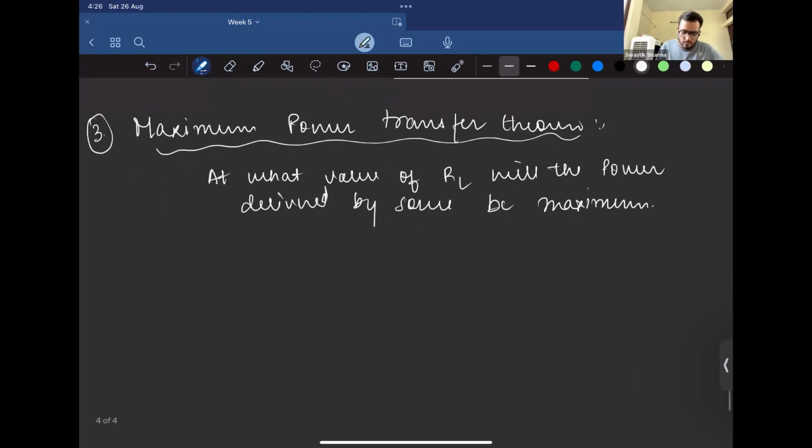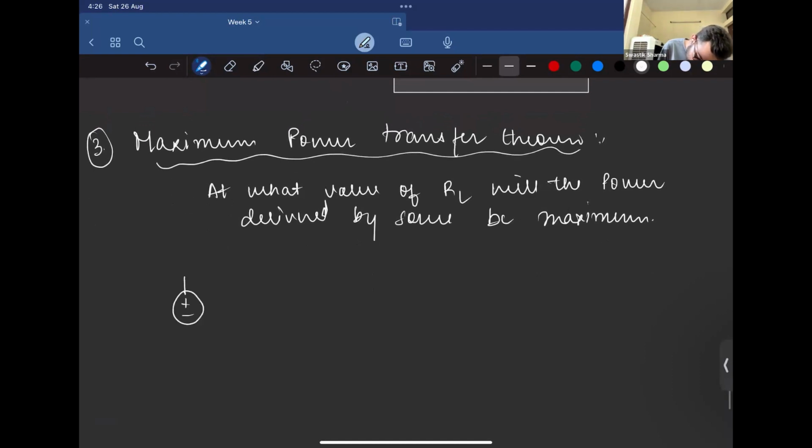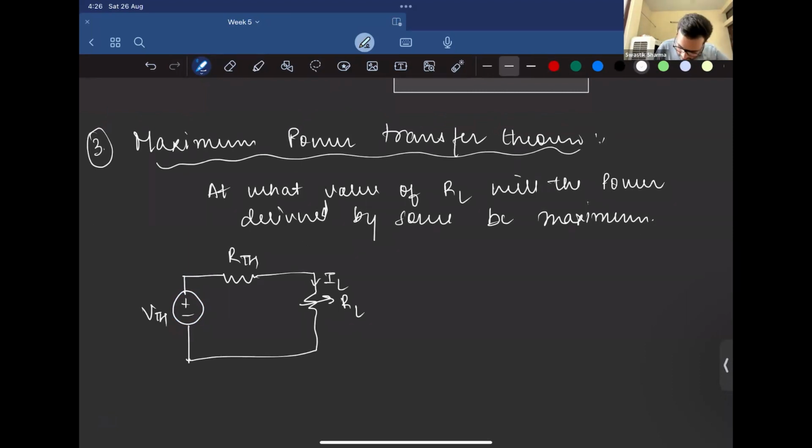So let's take a Thevenin circuit with a Thevenin voltage in series with a Thevenin resistance applied across a load RL, right? And let's say this load RL takes IL current. So quickly, can anyone tell me what is IL? Renessa, what is IL? IL is VTH upon RTH plus RL, right?